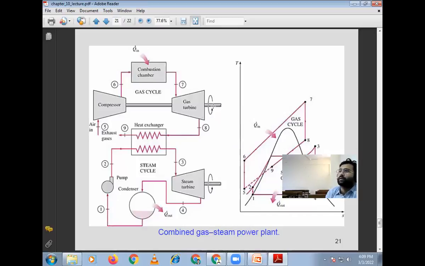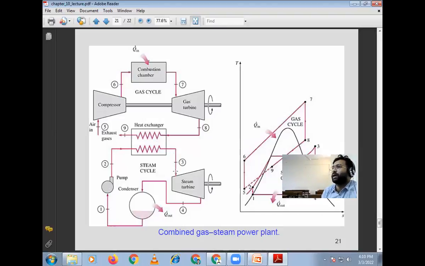Okay, now they have combined the gas power cycle with the Rankine cycle. Whatever air is coming out from that is passed through a heat exchanger, and the role of the boiler is played by this heat exchanger. We have hot gases coming out from the gas turbine, and we have the feed water pump from this side. Heat exchange takes place and this water is converted into steam.